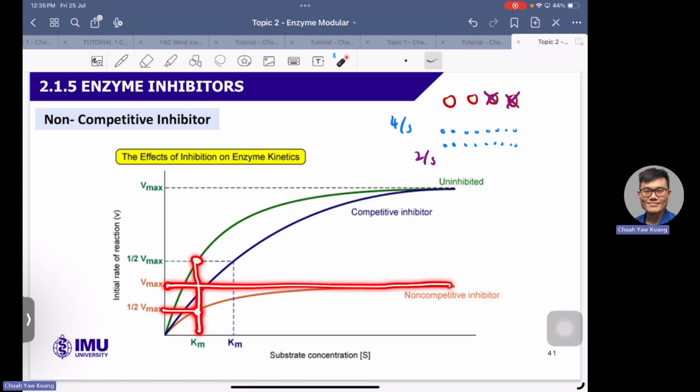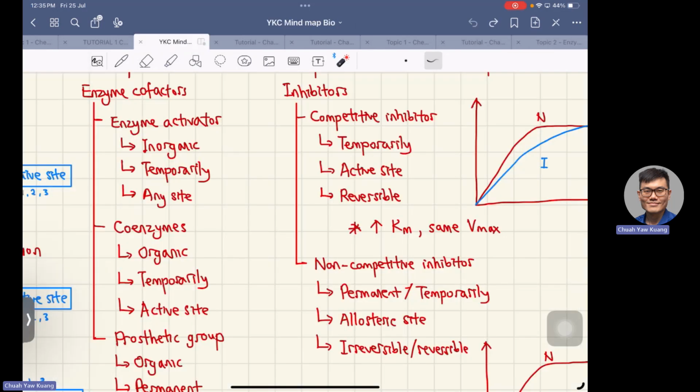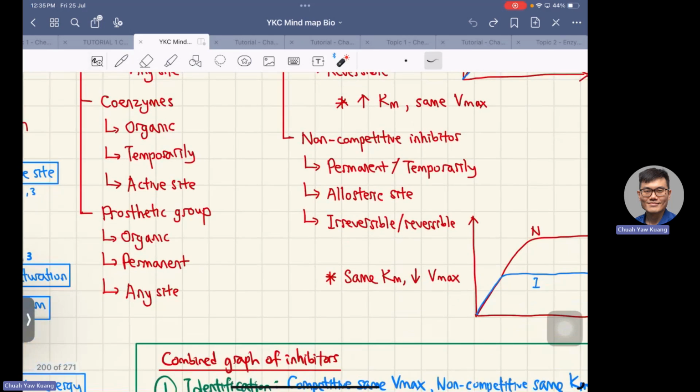It's still the same. So what you need to remember here: the non-competitive inhibitor keeps the same Km, but lowers down the Vmax.